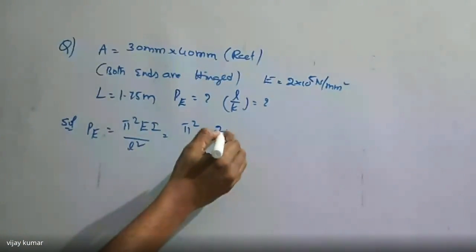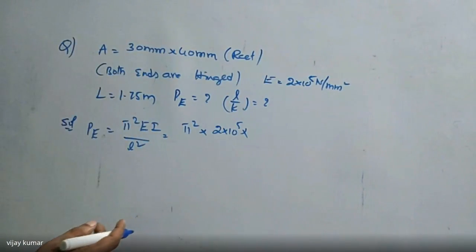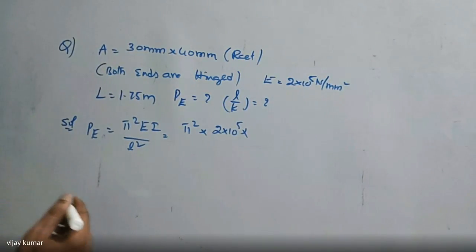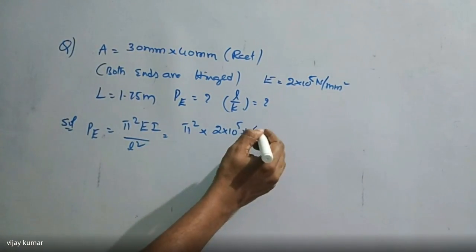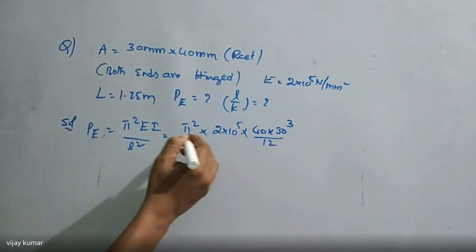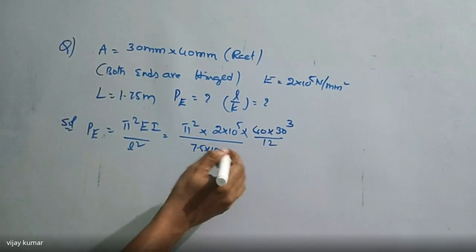The I value for a rectangular section is BD cube by 12, with B equal to 40 and D equal to 30. So we write 40 into 30 power 3 divided by 12, divided by L square. L square is 7.5 into 100 whole square.